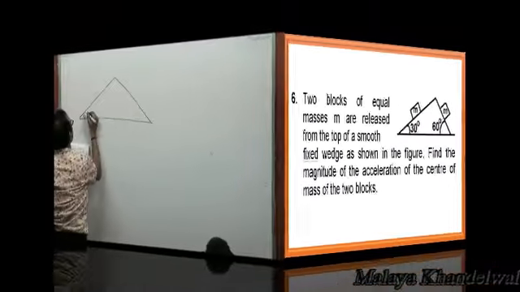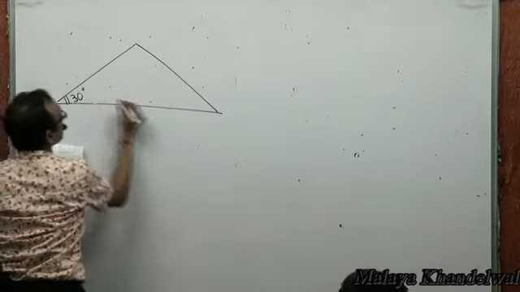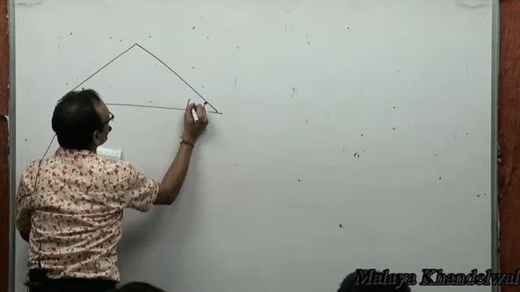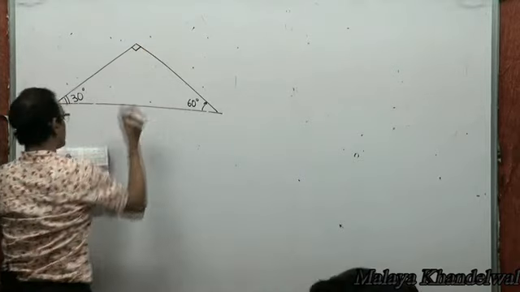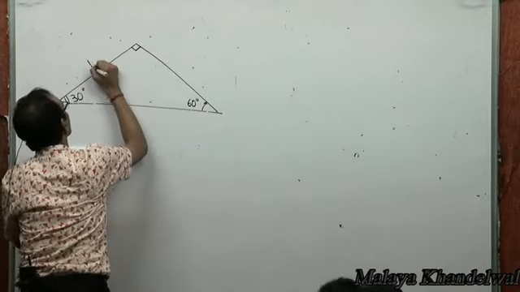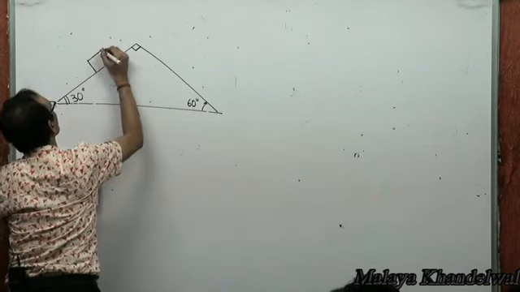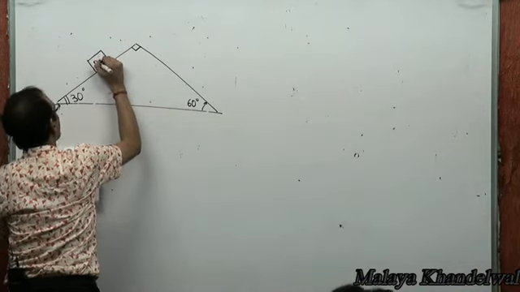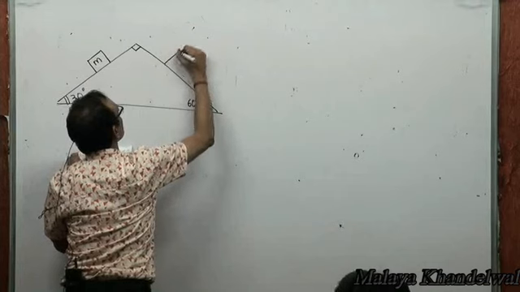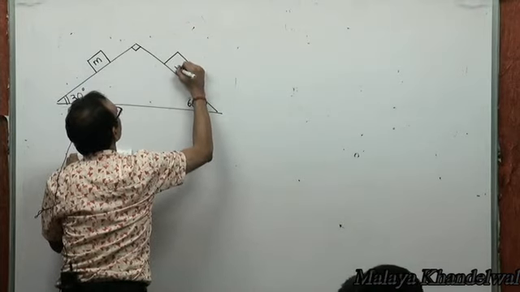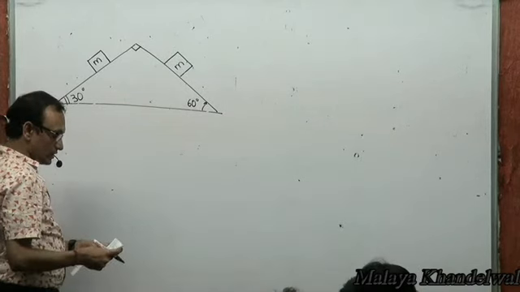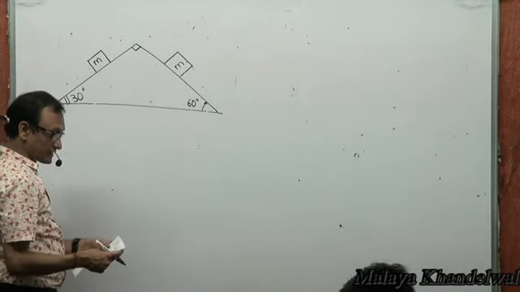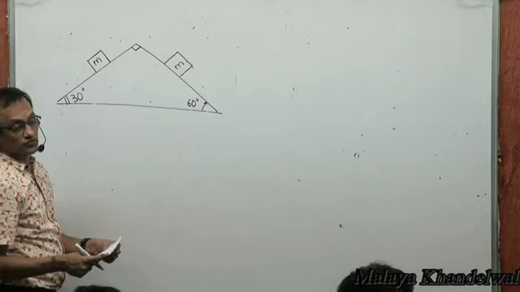So there is a 30, 60, 90 inclined plane. This is 90 then. There is mass m here. There is mass m here. The inclined plane is fixed. We want to find the magnitude of the acceleration of the center of mass of the two blocks.